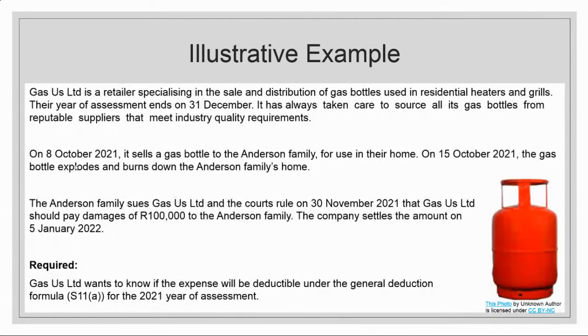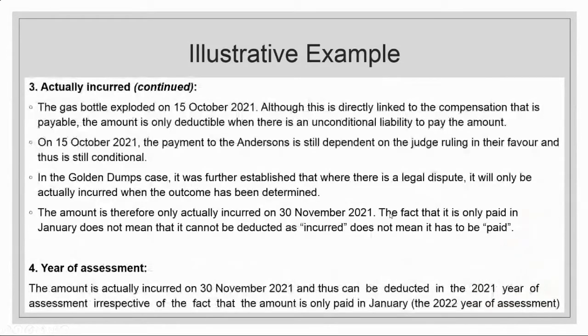So if we quickly go back, we can see here that they sued us for the $100,000 and the company settled that amount. But the court already ruled on the fact that they sued us on the 30th of November. So the fact that they sued us and there was an explosion, that is what triggered this liability.